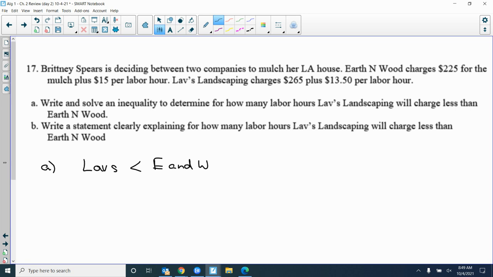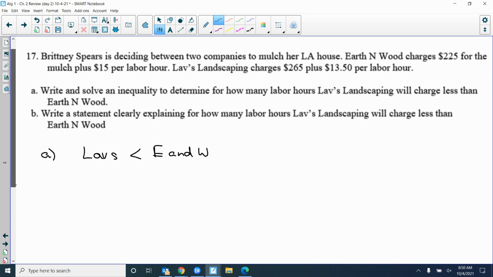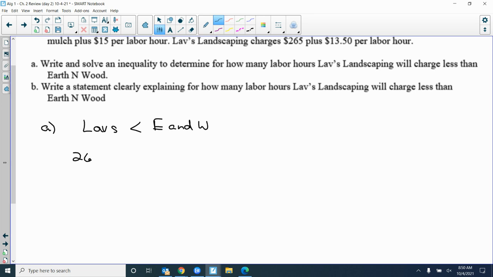So we want to at least set up our initial inequality. Okay, we don't want it to be equal, so we want it to be less than. All right, so as you're looking at that, how do I represent the charges for Labs Landscaping? Okay, Lucas. 265 plus 13.5x, or h or n, whatever you want to use for that variable.